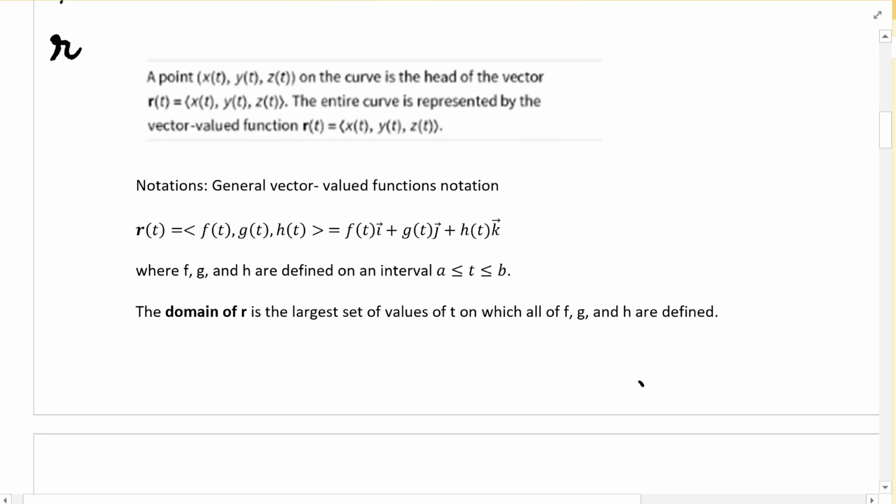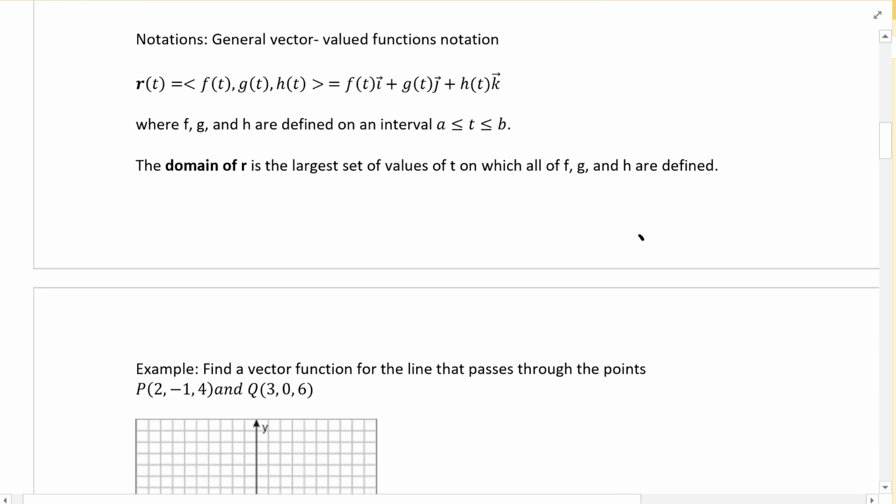So the general vector-valued function notation is r of t. You see it's bold, or you can write it r of t. I think it's easier when you represent that on paper to write it using the arrow on top.